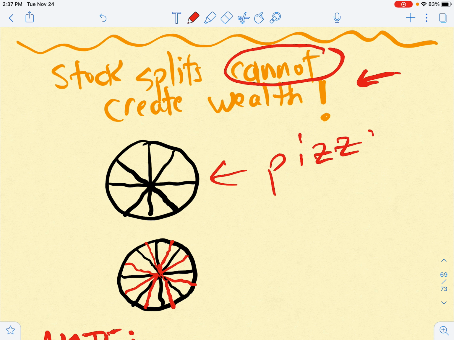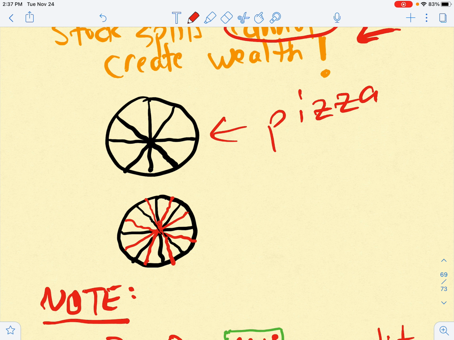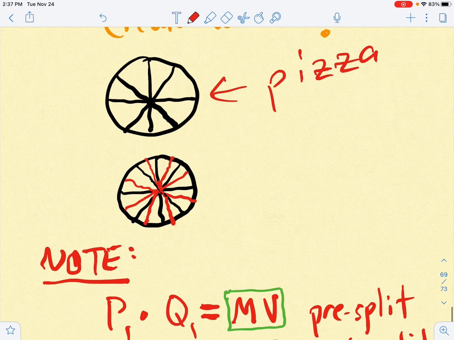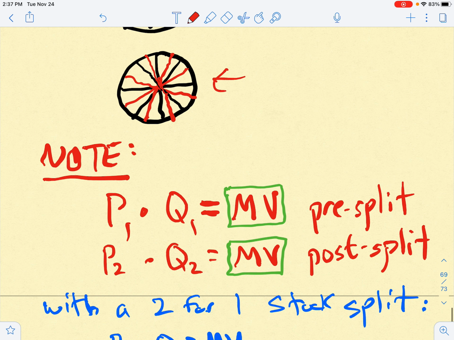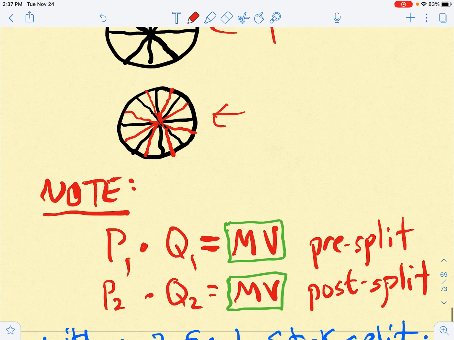If I said to you, hey, here's my pizza, when I'm just average hungry, I cut it into 8 pieces, but when I'm really hungry, I cut it into 16 pieces. Now, of course, that's ridiculous. This just shows you, if you think about it, that you can't create more of something by cutting it into smaller pieces. You can't create more value for a firm by cutting its ownership slices in half or in thirds, whatever.